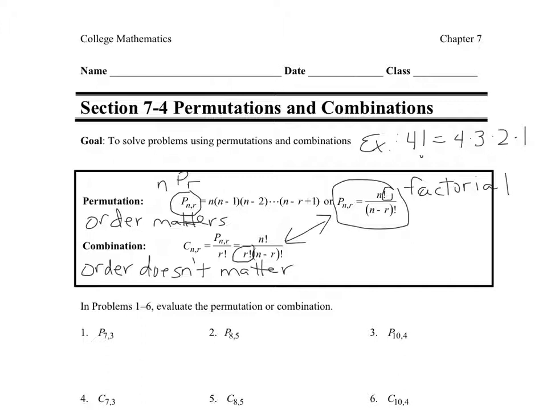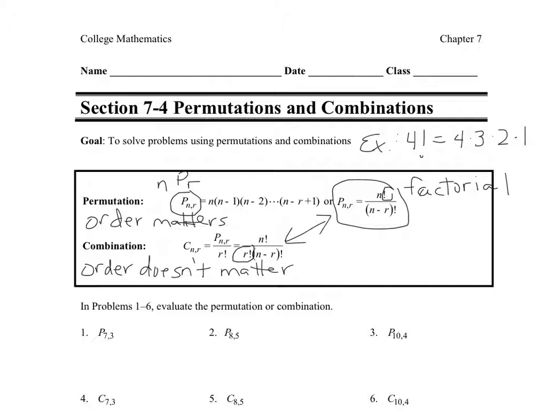Would order matter when you're selecting those officers? Absolutely. Because if I'm going to have the person with the most votes end up being president, I could have the same 3 people, but if the votes changed to where instead of Ted having the most votes, maybe Fred gets the most votes, I then have a different set of officers.